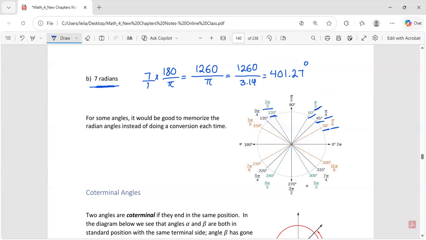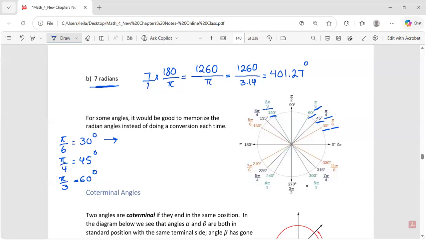Or even just if you can memorize these three, pi over 6, which is 30 degrees, pi over 4, which is 45 degrees, pi over 3, which is 60 degrees. And remember that any other number that has the denominator of 6 is a multiple of 30 degrees. If you see a denominator of 4, that's a multiple of 45 degrees. And if you see a denominator of 3, that means it's a multiple of 60.